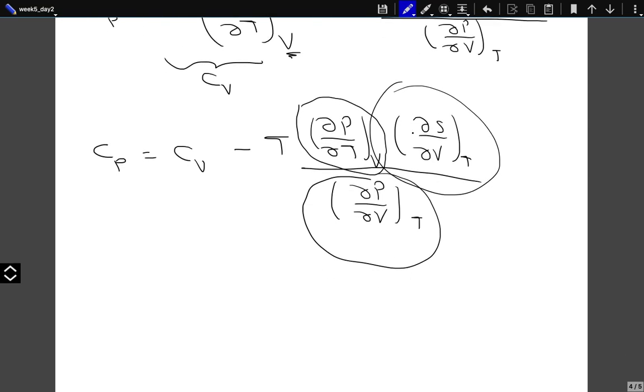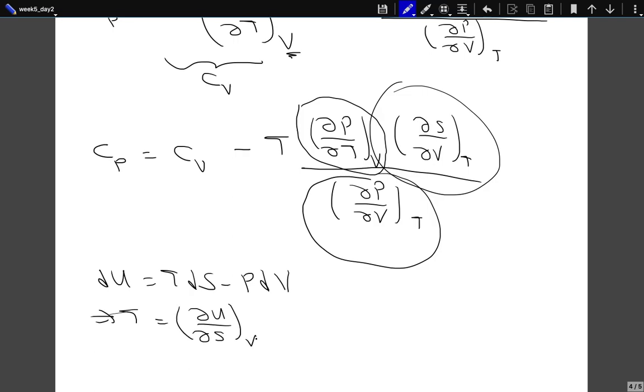Well, Maxwell's relations are a great help over there. Do you remember Maxwell's relations? For example, we had dU equals T dS minus P dV, which told us that T is just the derivative of U with respect to entropy at constant volume, and P was minus the derivative of U with respect to V at constant entropy.